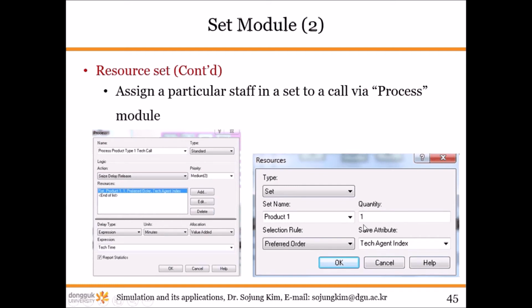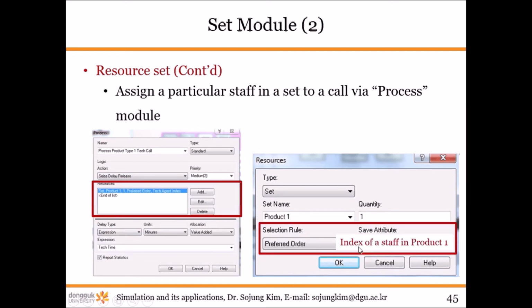And for quantity, the incoming call only needs 1 step, right? So you can put 1 here, and then you can choose different rules. In this case, you use a preferred order, and the ID of the resource in the set will be stored in this attribute. Got it?